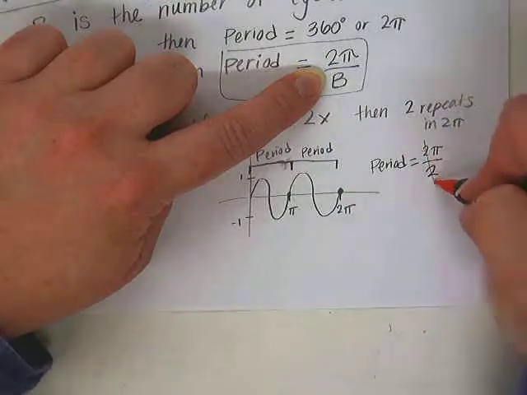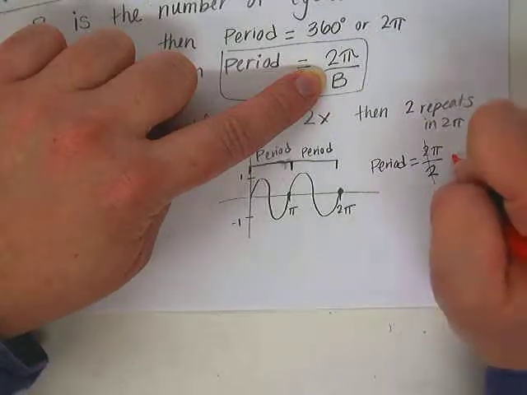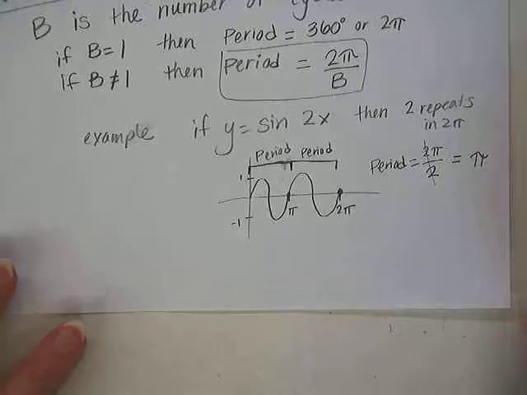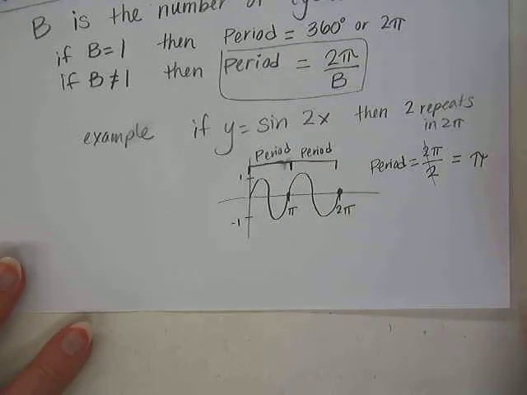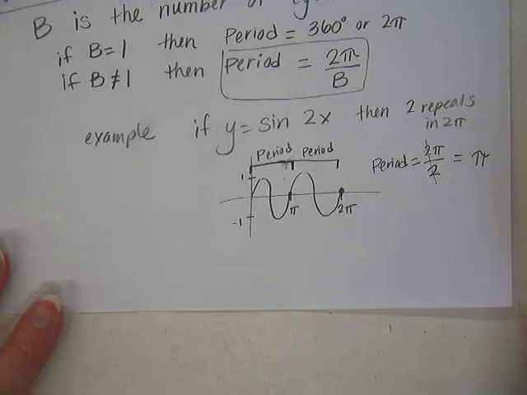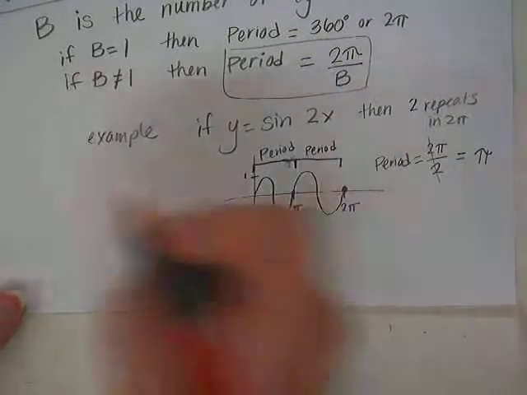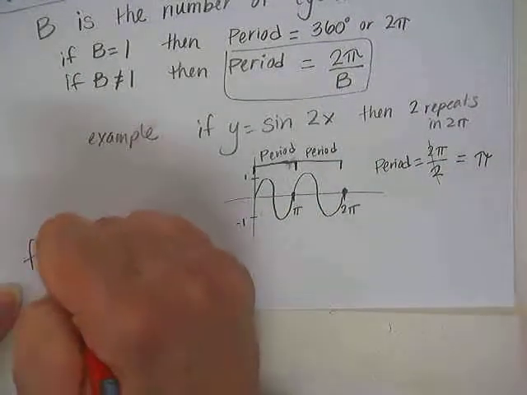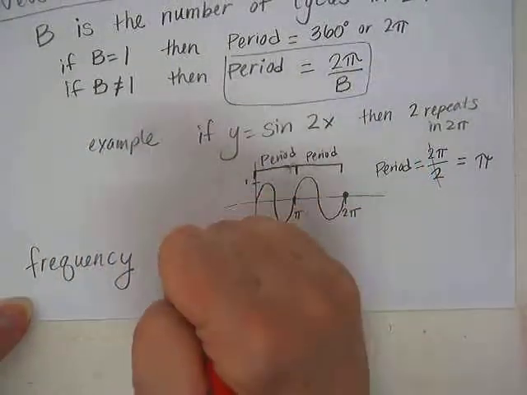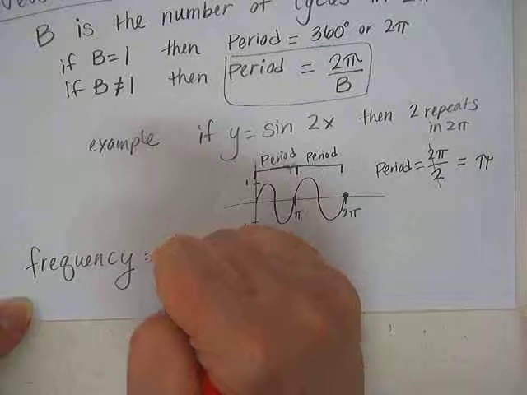So let's look at the formula I just gave you. The period is this formula here. So 2 pi divided by the number of repeats, which is 2. So what happens to the 2's? They cancel and the period ends up being pi.